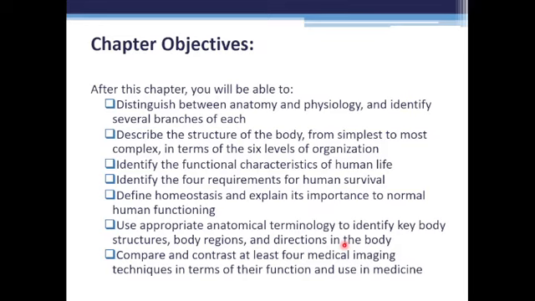I recommend watching that. And we also compared and contrasted medical images, at least 4, but we got 5, which is in this video, and what their functions are and what they are used for in imaging.